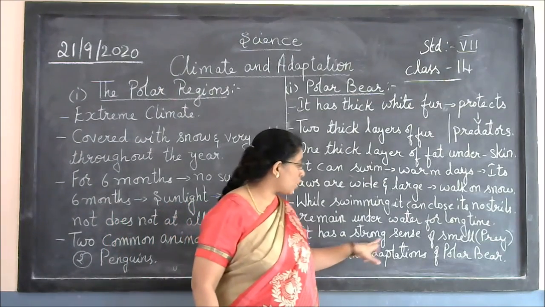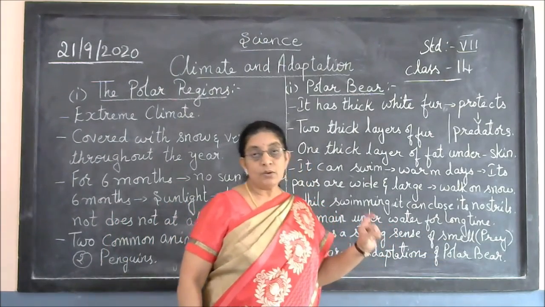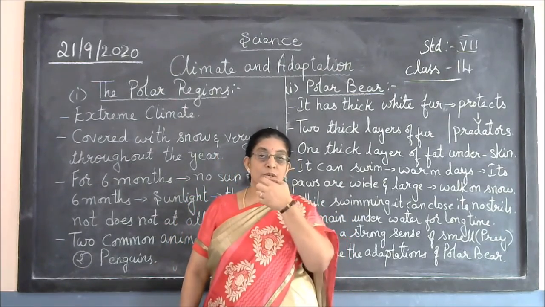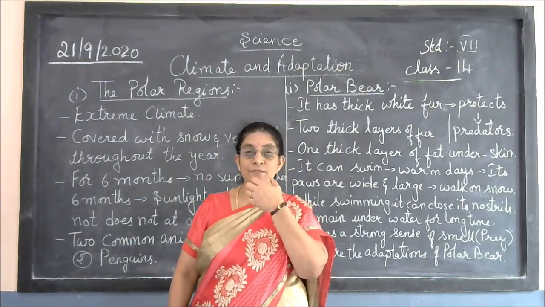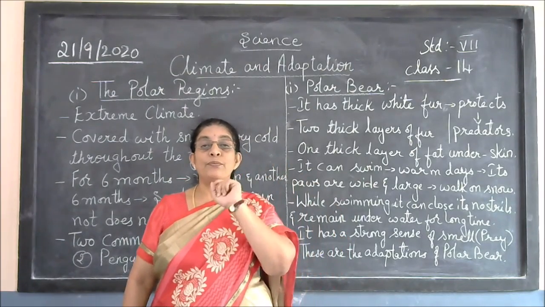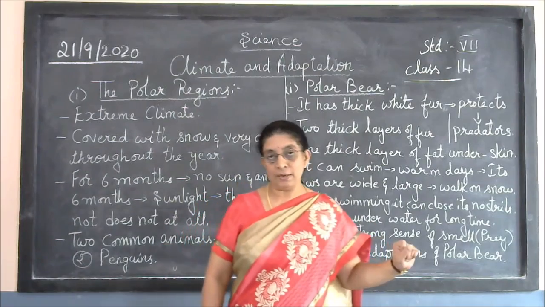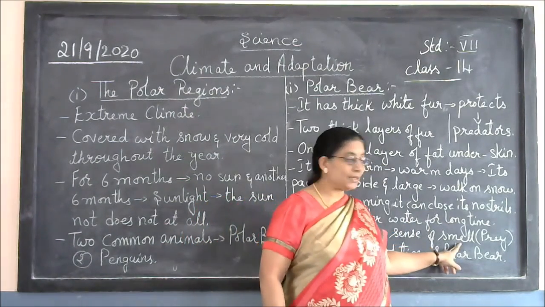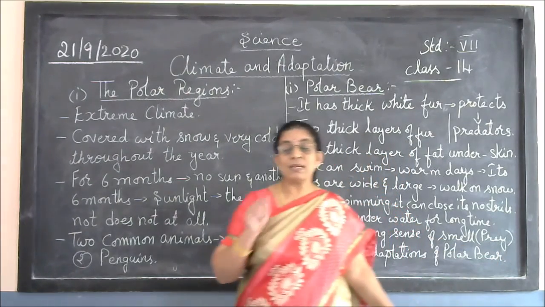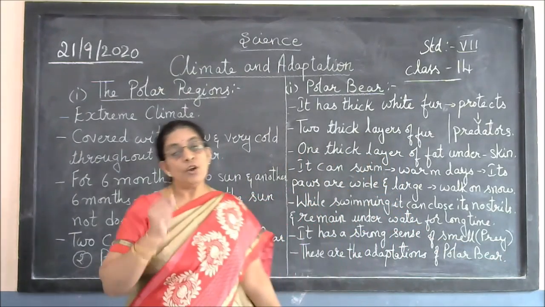It has a strong sense of smell. Who? The polar bears. The polar bear has a strong sensitive nose, which gives them the smell of the food which is available. As soon as they get that, we call it prey, they immediately go searching for the food.